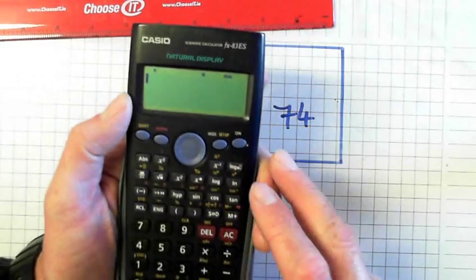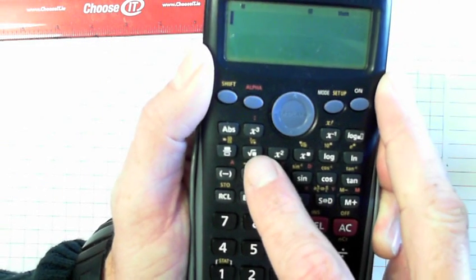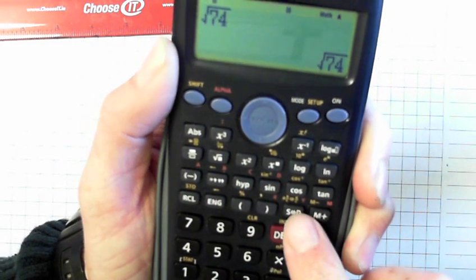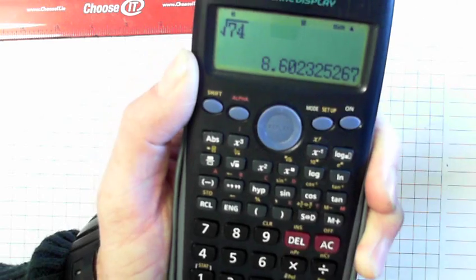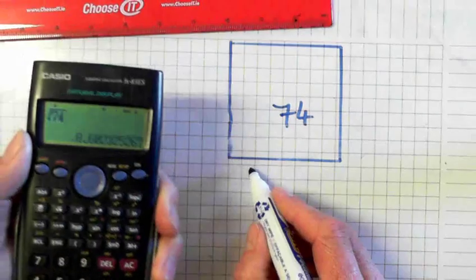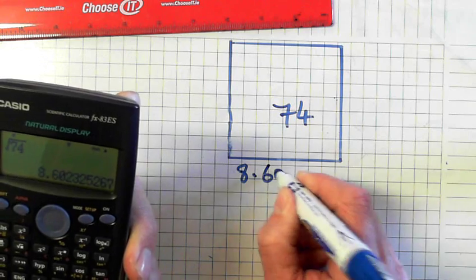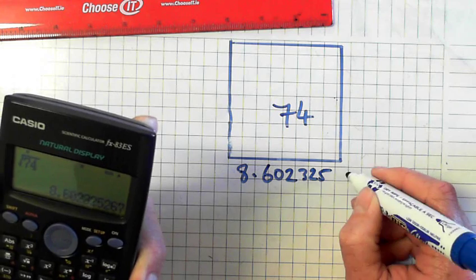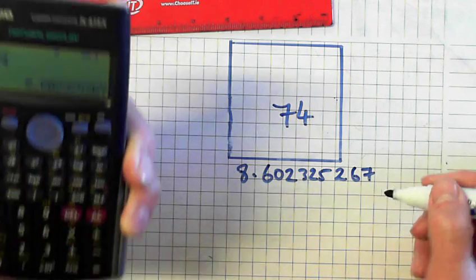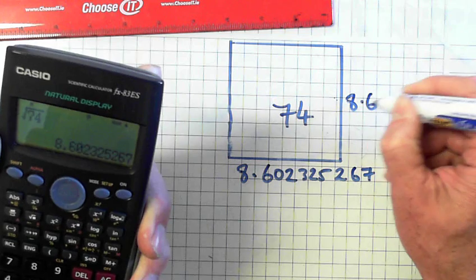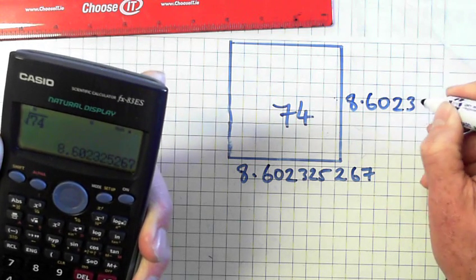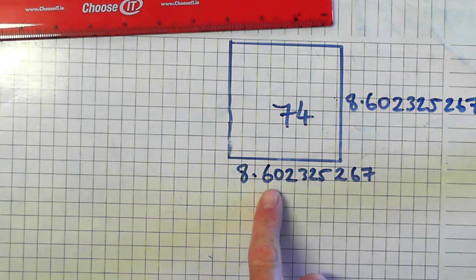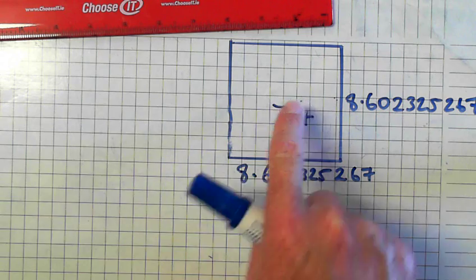So we go on with the calculator and you press the square root sign there and you type in 74 equals. Press SD. Alright, so the length of this side is 8.6023..., and the length of this side here is the same, 8.6023... So when I multiply that by that, I will get the area.